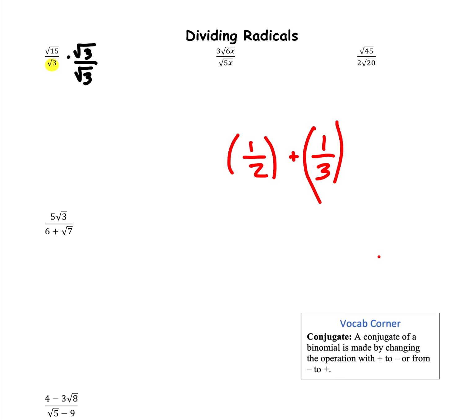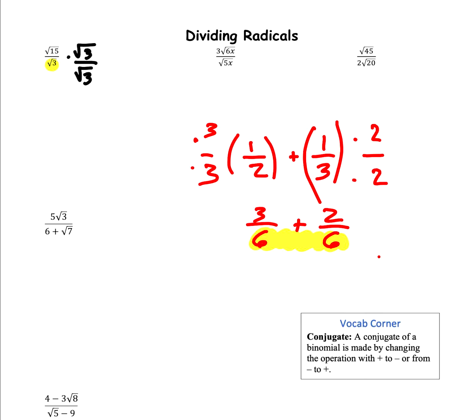So we'd multiply the numerator and denominator of 1 over 3 by 2 over 2. And we'd also multiply 1 over 2 by 3 over 3. This would give us equivalent fractions, 3 over 6 plus 2 over 6. And we rewrite them so we have a common denominator. That's essentially what we're doing here.